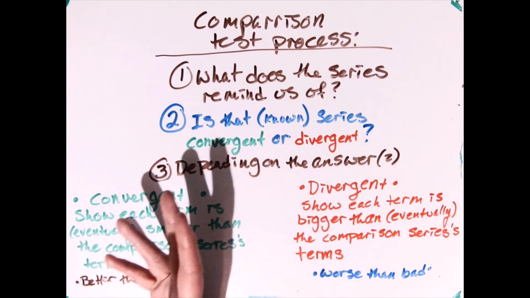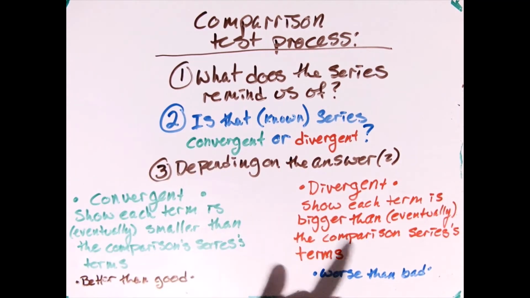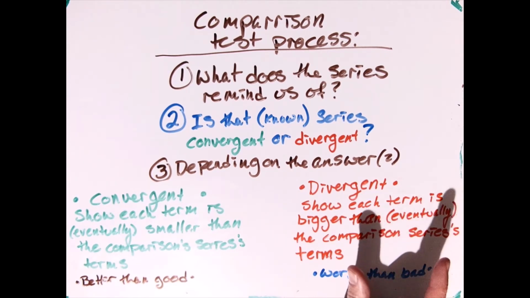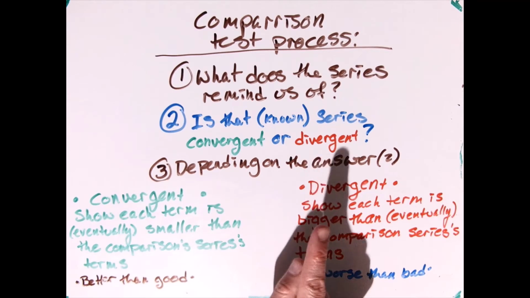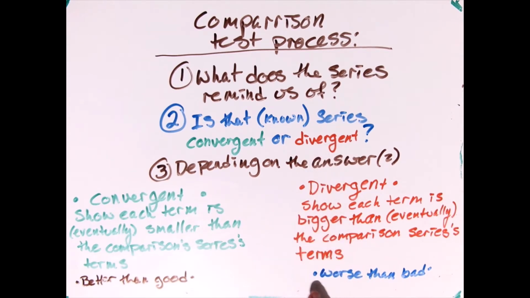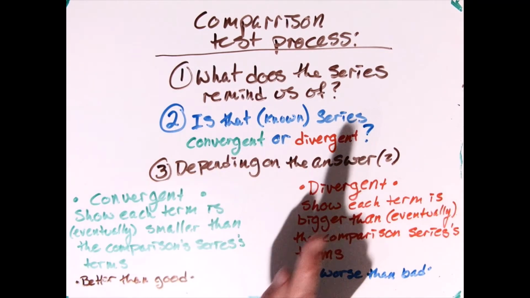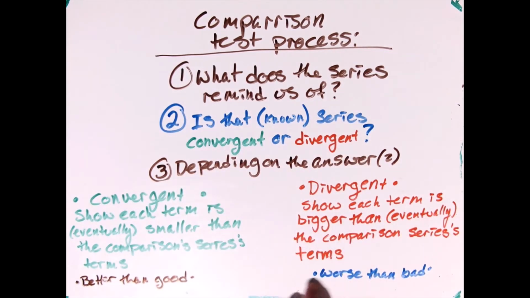So again, here I want to make sure that my terms are worse. The thing I'm comparing it to is divergent. That means that these terms are bad enough that they diverge, and I want to show that my new series does even worse, that its terms are even bigger term for term.